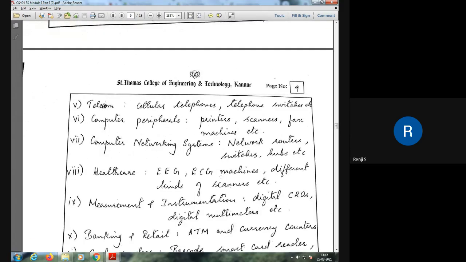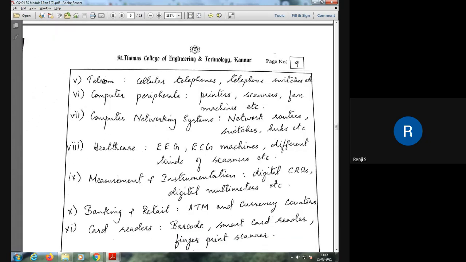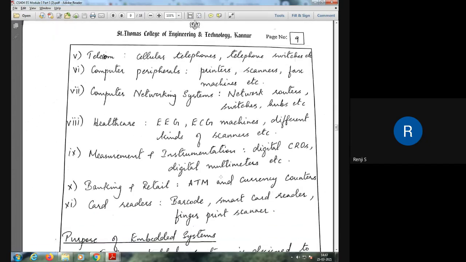Then telecom, computer peripherals like printers, scanners, etc. Then computer networking systems.